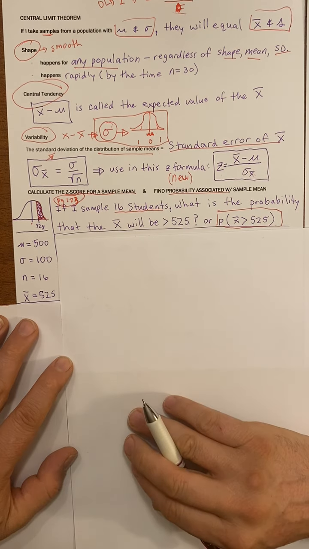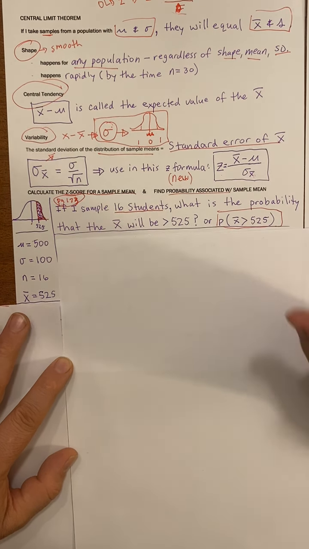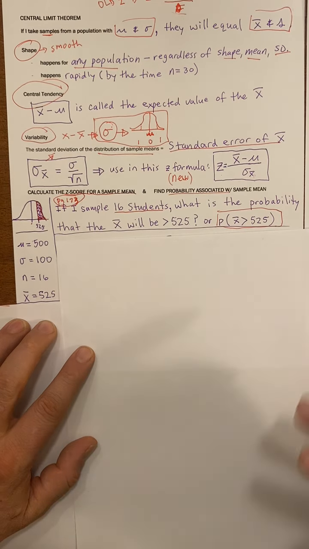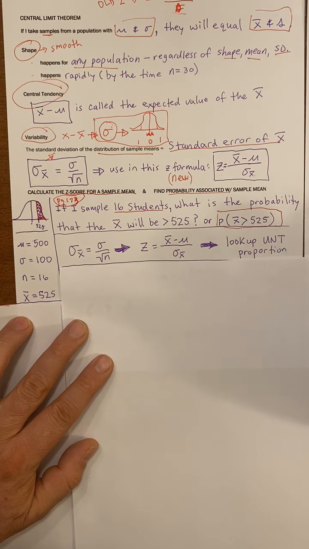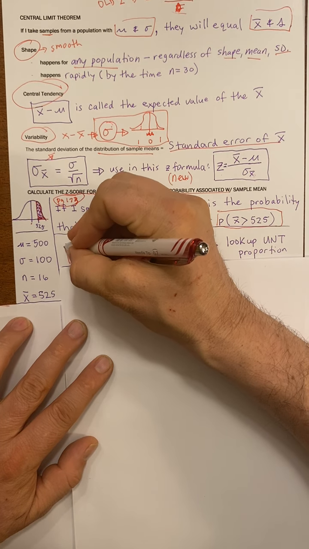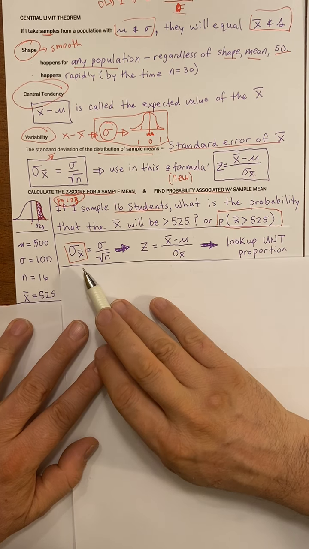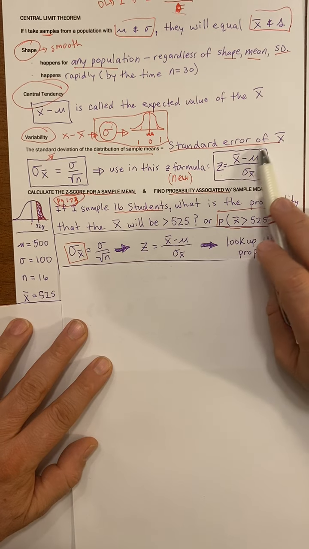Okay, so when you see this kind of problem in the book, first thing that you want to think is that there's an order of operations in which you're going to be doing things. And that's this order here. First, you're going to look to see if you can figure out from the problem what the standard error of x bar is, right?